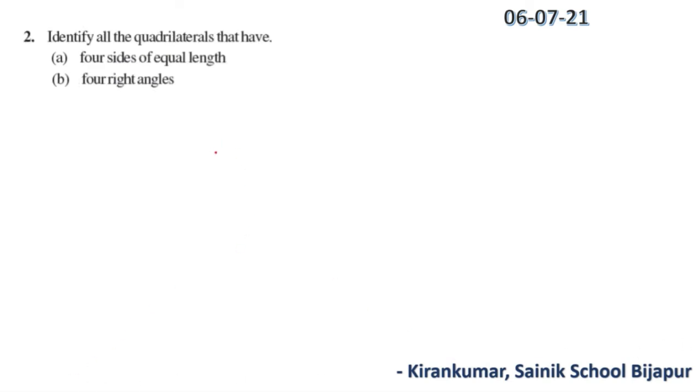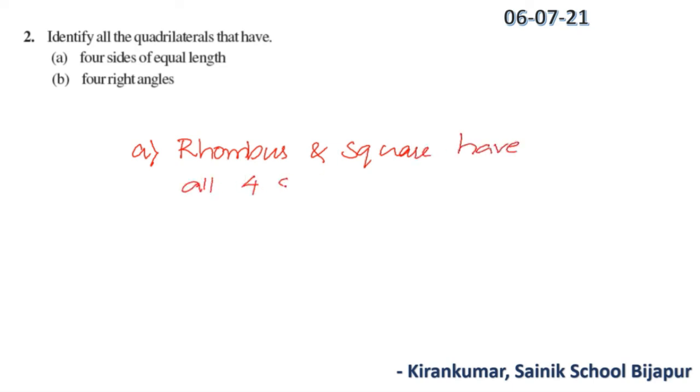Question number 2. Identify all the quadrilaterals that have, first one, 4 sides of equal length. 4 sides of equal length are present in case of a rhombus and a square. So let me mention the answer for the first one. A rhombus and square have all 4 sides of equal length.